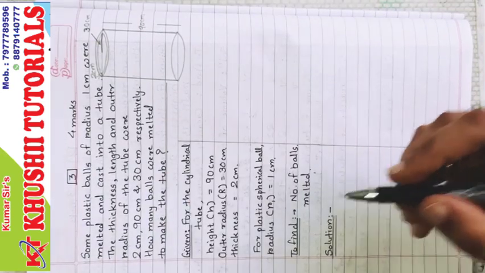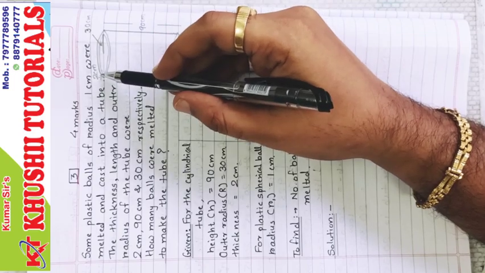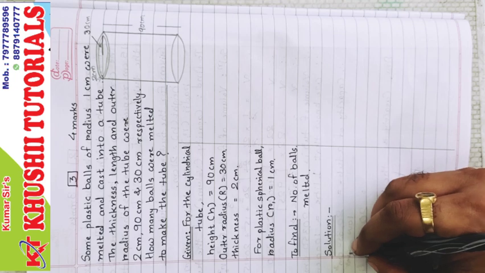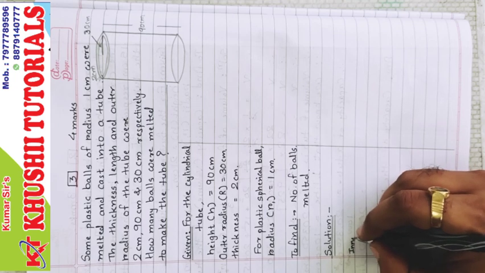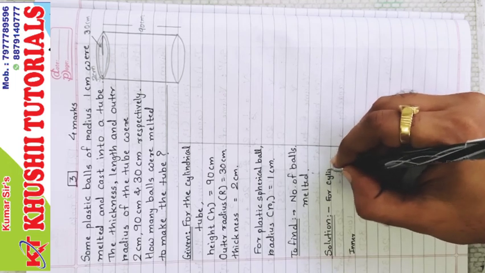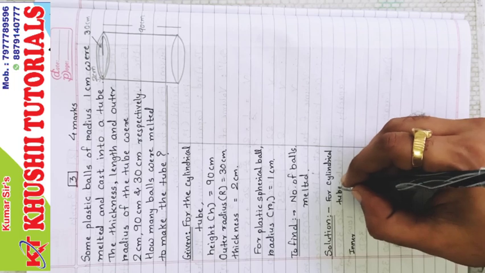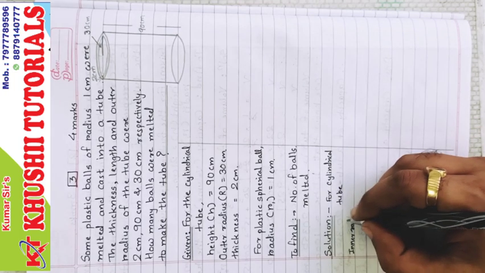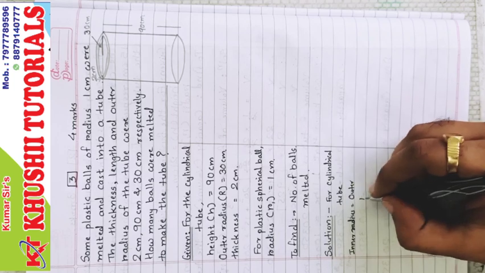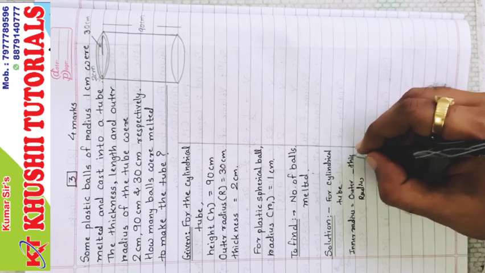Now the outer radius is given 30 centimeter and the thickness is given 2 centimeter. So inner radius for cylindrical tube equal to outer radius minus thickness.